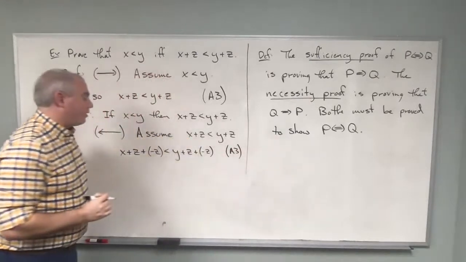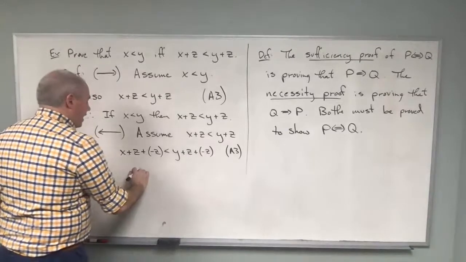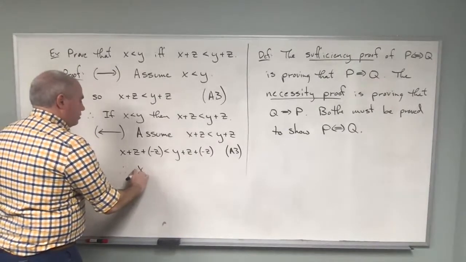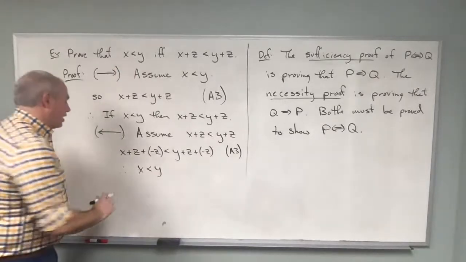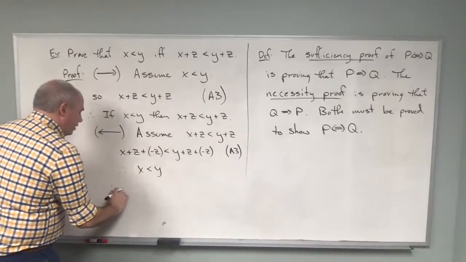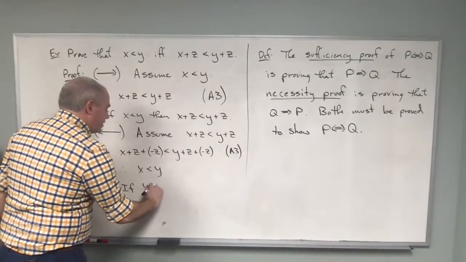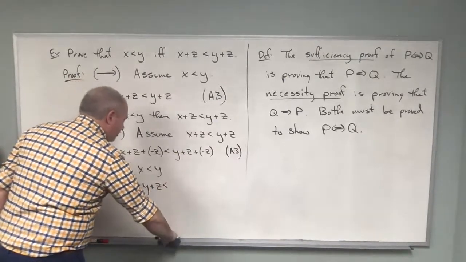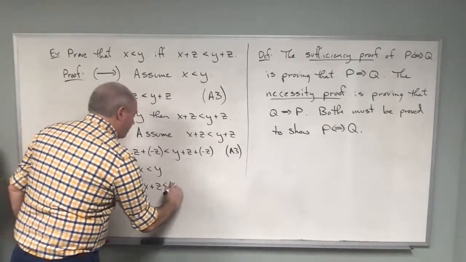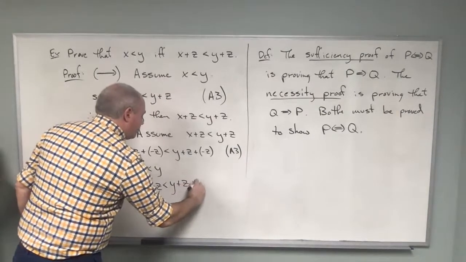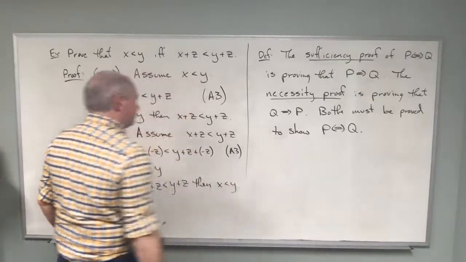I can add anything I want to both sides of that inequality. And that gives me that x is less than y, which is what I want. And so I can say, therefore, if we have that x plus z is less than y plus z, then we have that x is less than y.